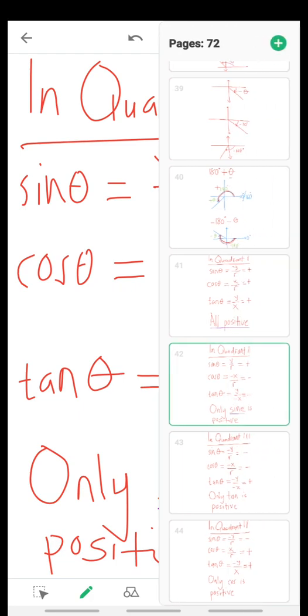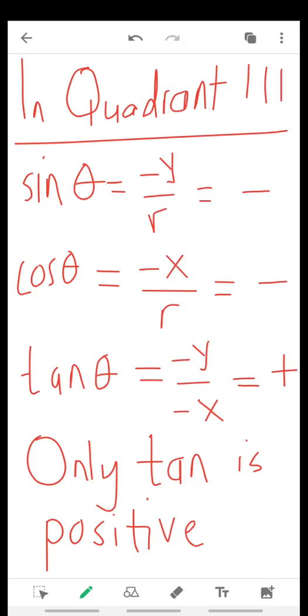Then similarly in quadrant number 3, the x-axis is negative and the y-axis is negative, and therefore only the tan ratio would give us a positive ratio.